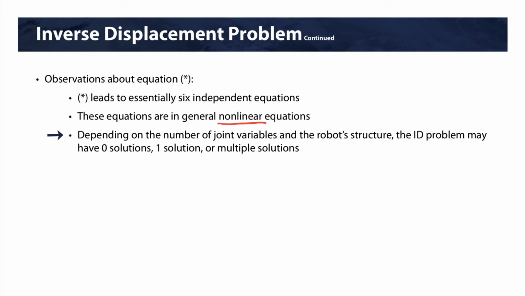We saw this when we did the inverse displacement for the planar case. We showed that there are 2 solutions for the simple planar 3R manipulator. Sometimes we'd only have 1. Other times we'd have 0 solutions. That means it's outside the workspace of the robot. You've specified a pose that the robot simply can't reach. So this poses some challenges in solving our inverse displacement problem.